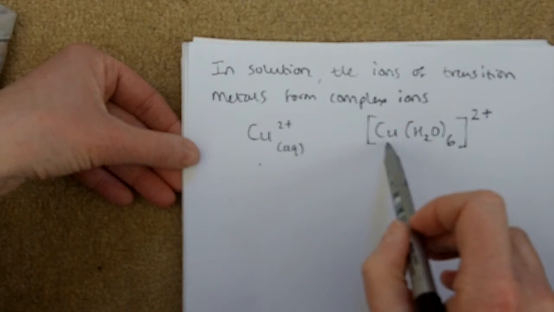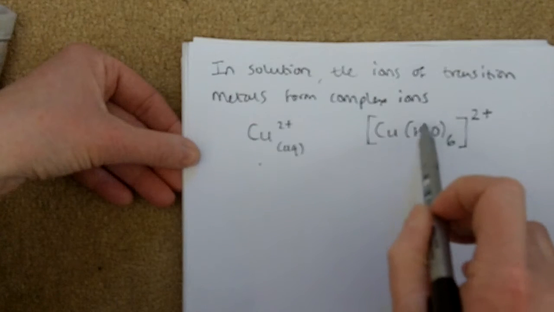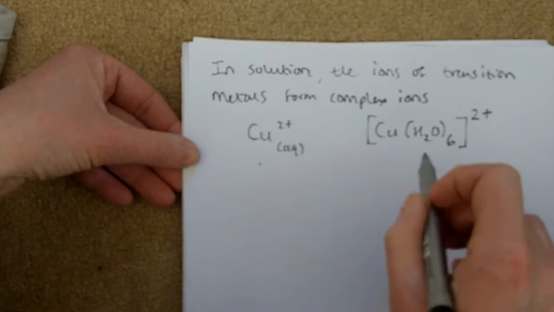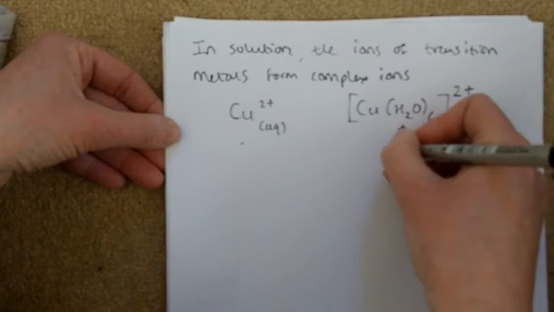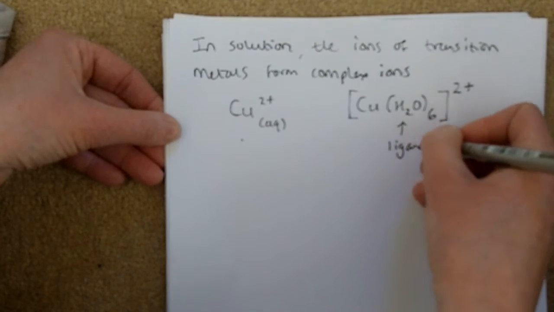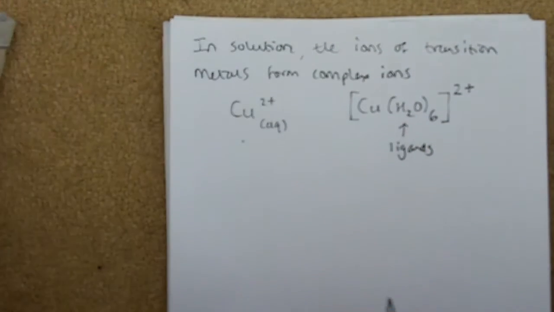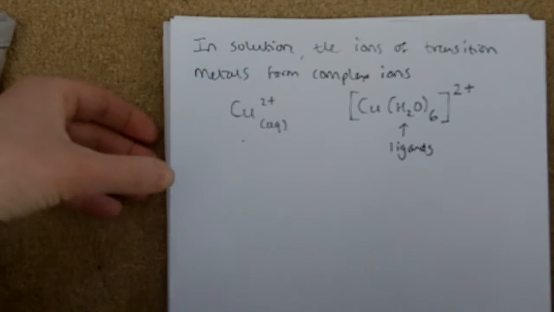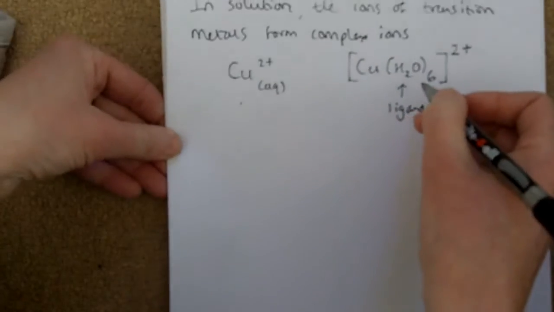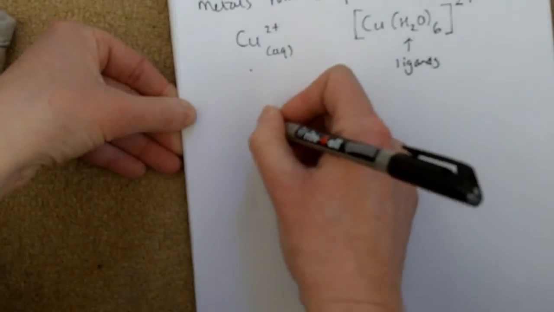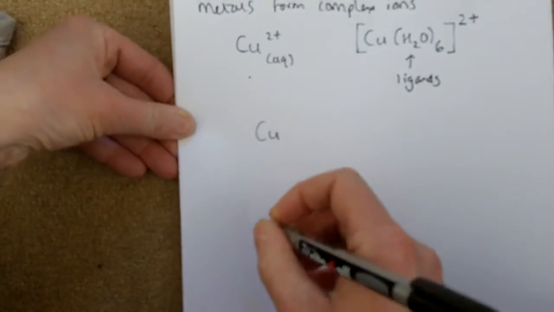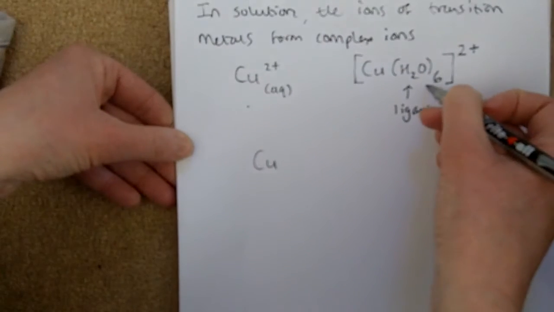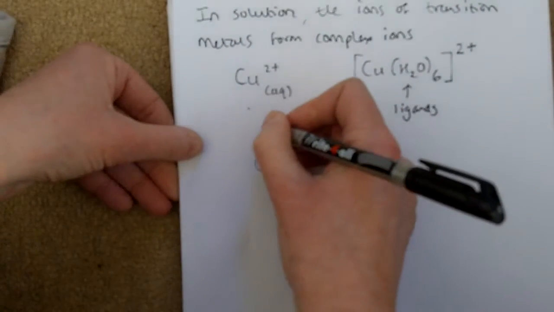So it's a transition metal ion that is bonded to what are called ligands. Okay, so let's give an example of this. If we take copper, and it is bonded to 6 water molecules.